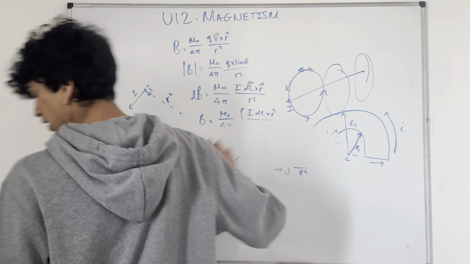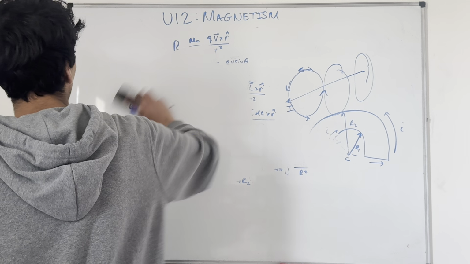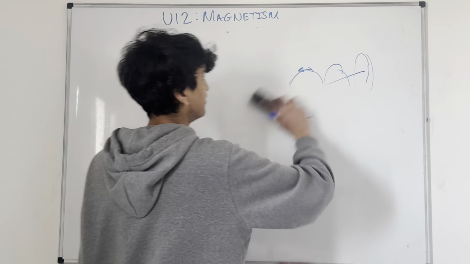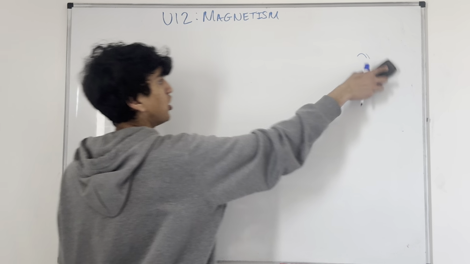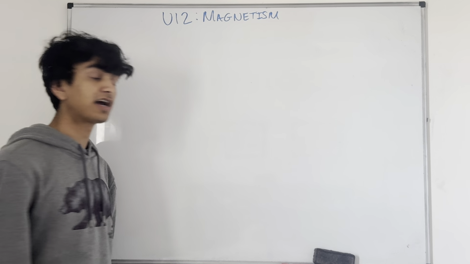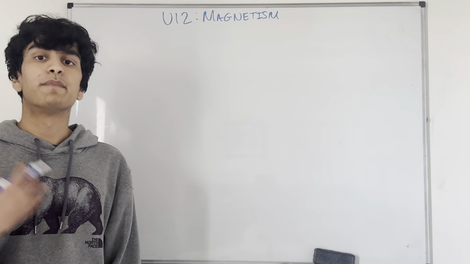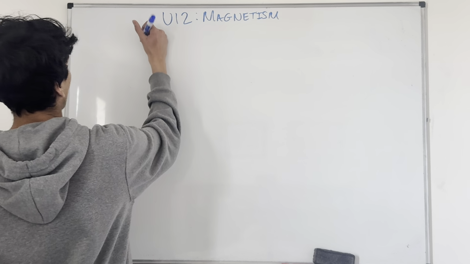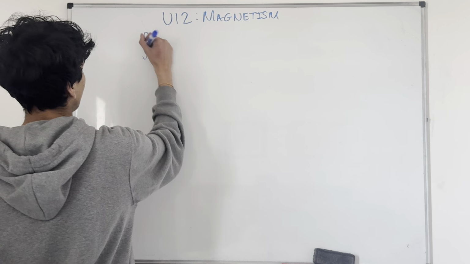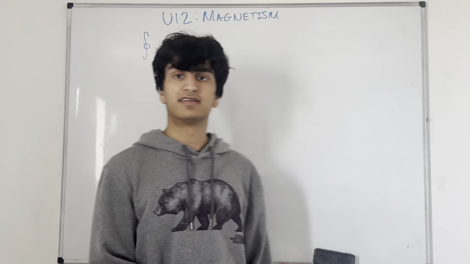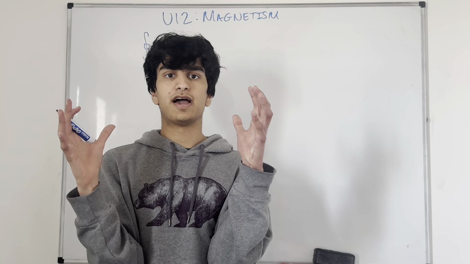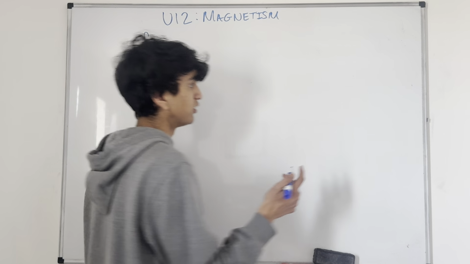Now, with the Biot-Savart law, if you try to derive the magnetic field due to a long current-carrying wire, it's a hard integral. But Ampere's law helps simplify things. Ampere's law is kind of like Gauss's law. Gauss's law for magnetism says that the magnetic flux enclosed by a magnet is always going to equal 0.